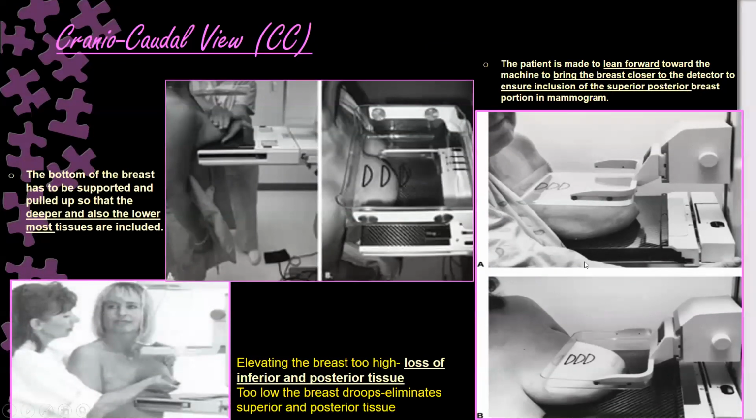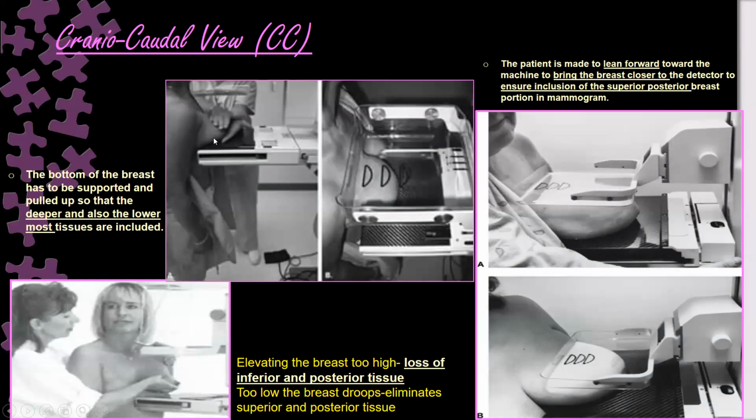And also we went through the CC view, and we said the patient has to lean forward rather than going back so as not to miss the posterior and superior tissue.